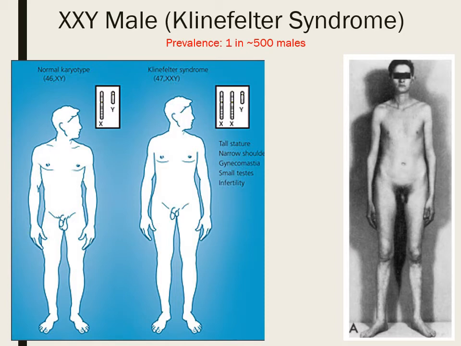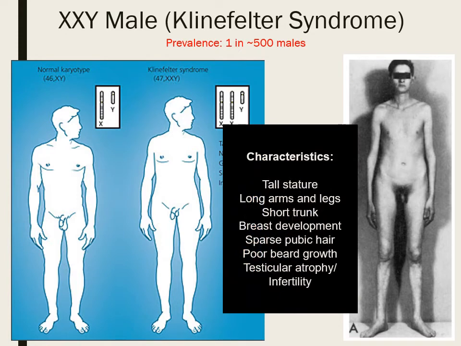This is actually one of the more prevalent sex aneuploidies. Because there's an extra X, which in general is associated with feminine characteristics, men with Klinefelter may have a more feminized body shape, so they may have narrower shoulders and wider hips. They also tend to be tall with long arms, which is not necessarily a feminine characteristic, but other feminine characteristics they might have are slight breast development and sparse hair growth, such as pubic hair or facial hair, and they also may have testicular atrophy.